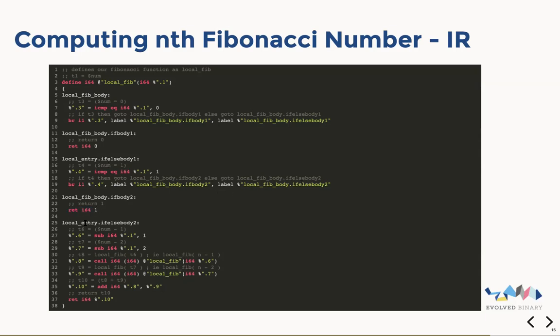Else, we jump in here, which is basically where we perform the 2 recursive function calls. So this is the first call, which takes the value num - 1. And then this is the second call, which takes the value num - 2. And we then return the result of making that call.